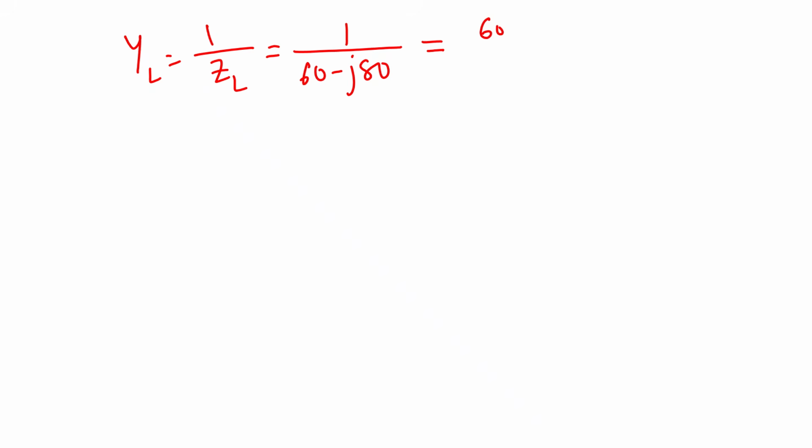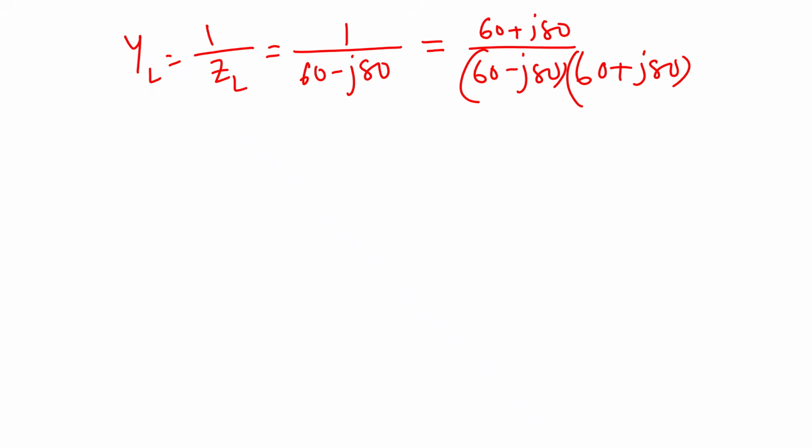Next we will calculate the load admittance. The formula for calculating load admittance is YL, which is the inverse of ZL. We already have ZL given in the question, which is 60 minus j80. So YL will be 1 upon 60 minus j80. If we do the conversion by multiplying by 60 plus j80 over 60 plus j80, or we can do this directly via calculator also.